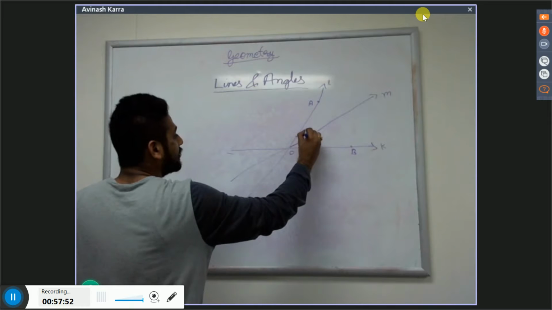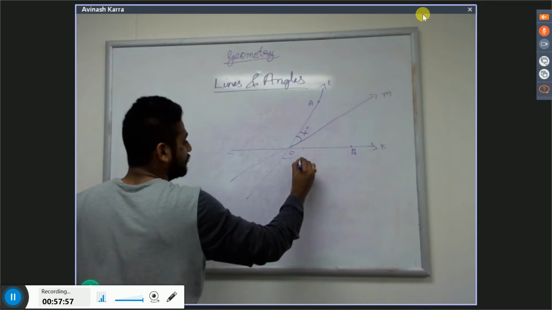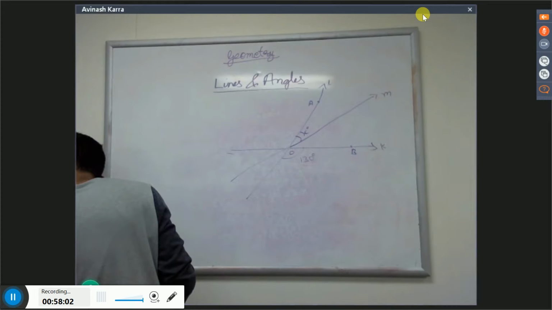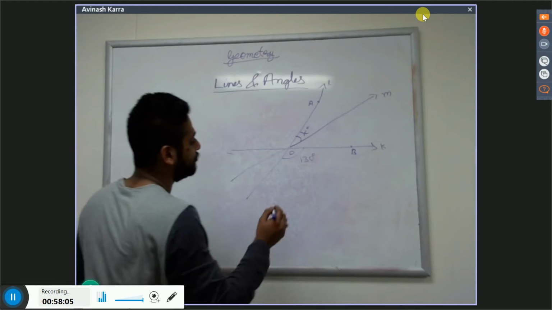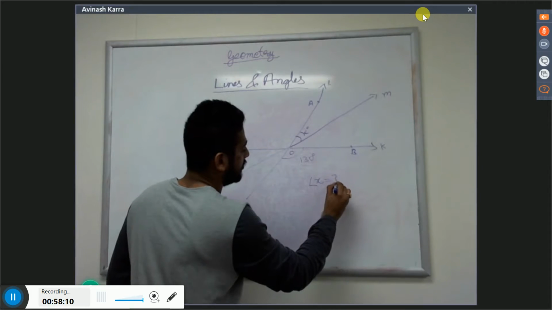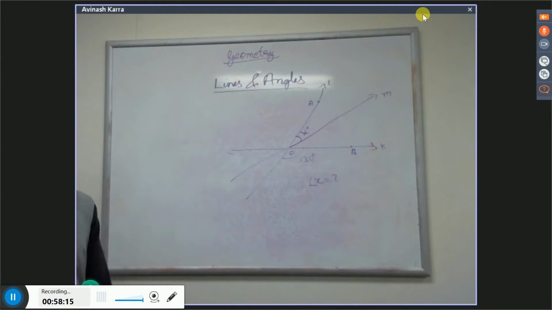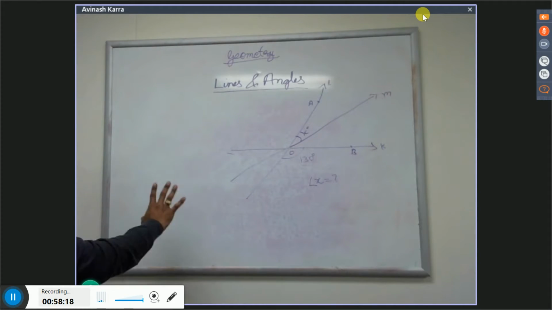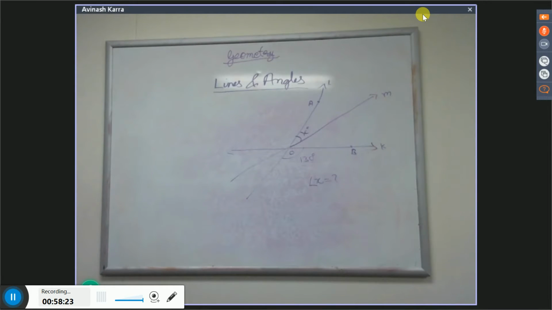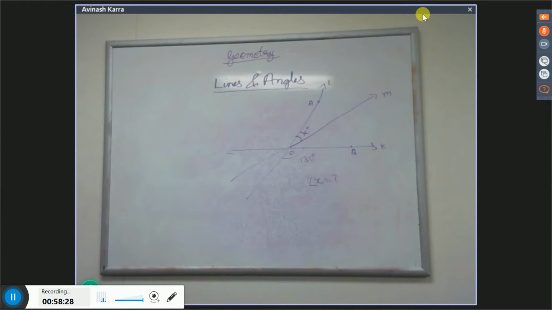This is x degrees, and this is 130 degrees. And what is it asking? What is the value of x? Come on, this one you can find out for sure. Don't be rushed. Take your time. Understand it clearly. Use the things I explained just before. You can get the answer for sure.